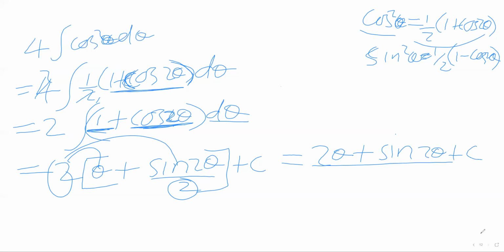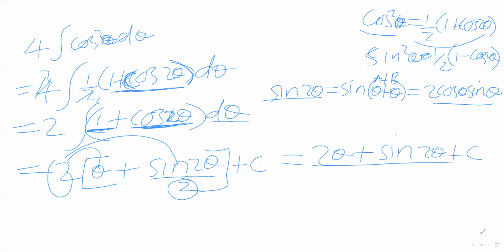But remember, sine 2 theta, from the expansion of theta plus theta, the expansion you learned of a plus b, is just the same as 2 cos theta sine theta. So this is the same as 2 theta plus 2 cos theta sine theta plus c.